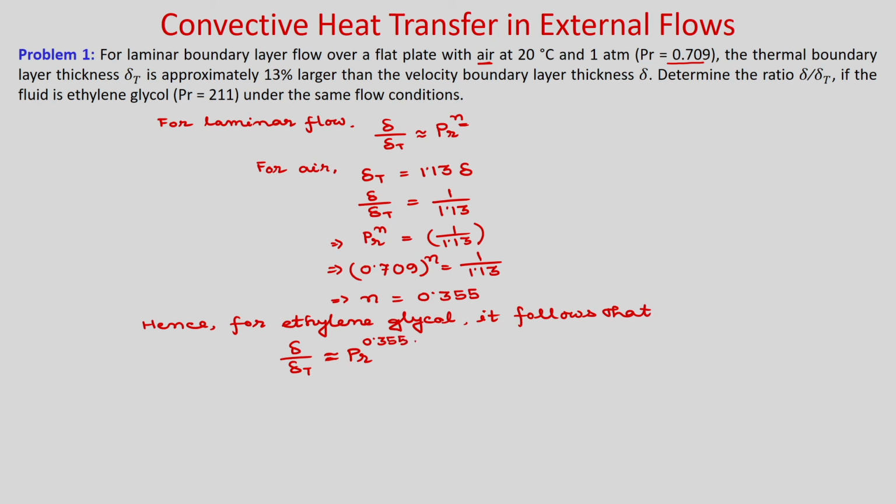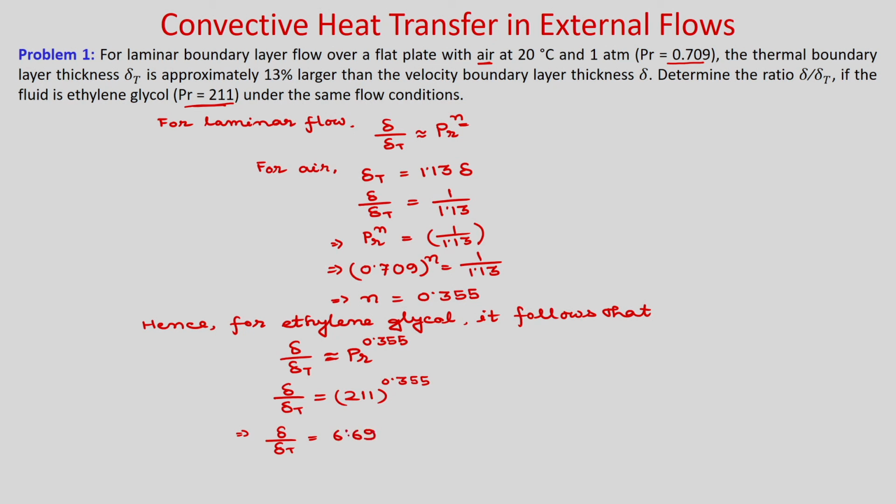So, n will be same. Now, Prandtl number is different. In this case Prandtl number is 211. If you put that, you will find delta by delta T will be 211 to the power 0.355.